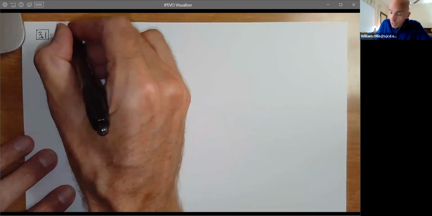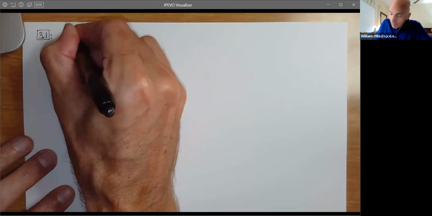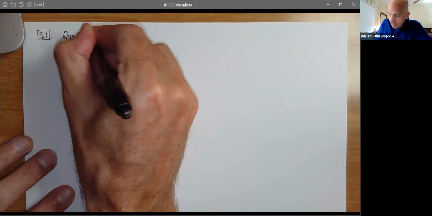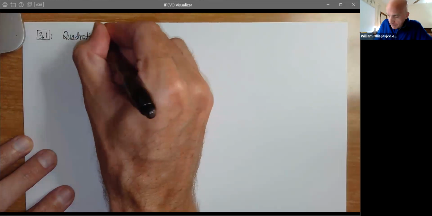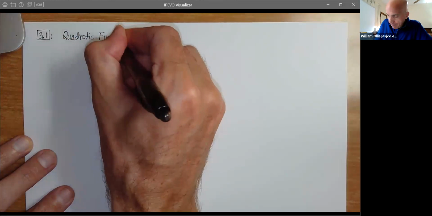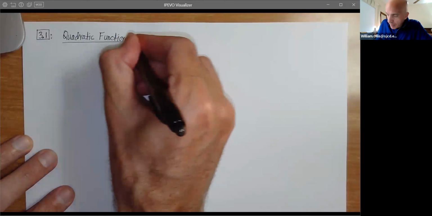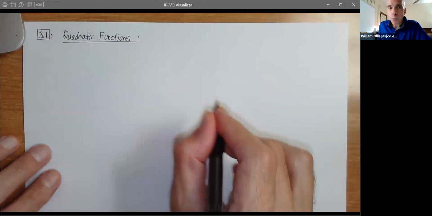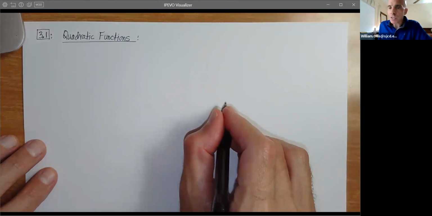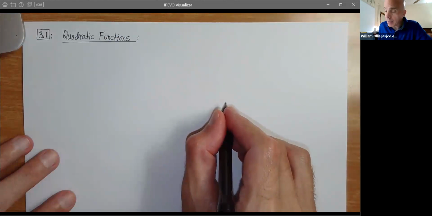So these are quadratic functions. Now, when we think about quadratic functions, we just basically think about the quadratic equation.